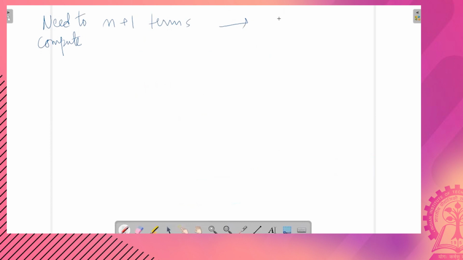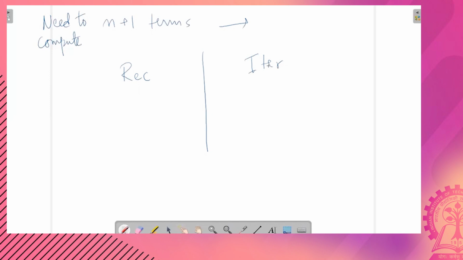Okay, so just to give you an idea, say a comparison of the recursive version and the iterative version.